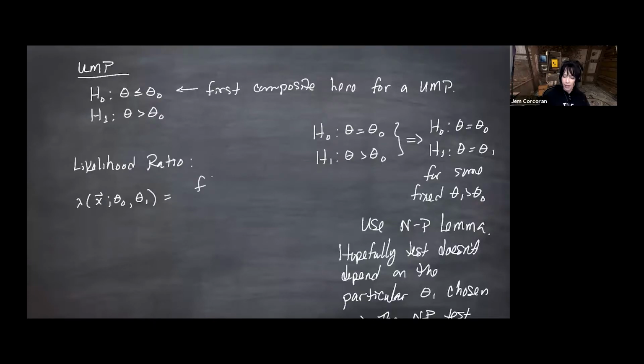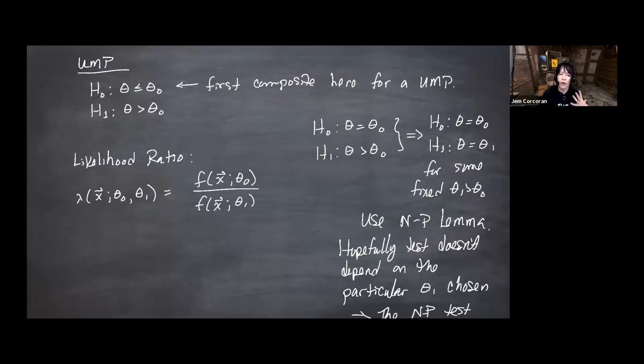This was the joint PDF with theta naught plugged in over the joint PDF with theta 1 plugged in. Now, you know that Neyman-Pearson tells us to reject the null hypothesis if this is less than or equal to some k, and k is determined to give us a size alpha test.